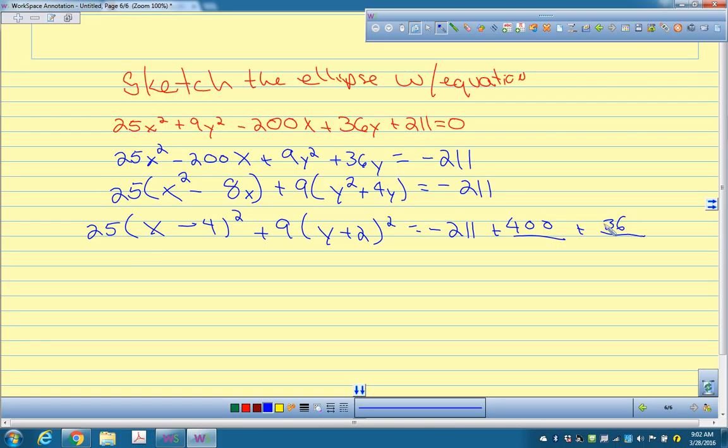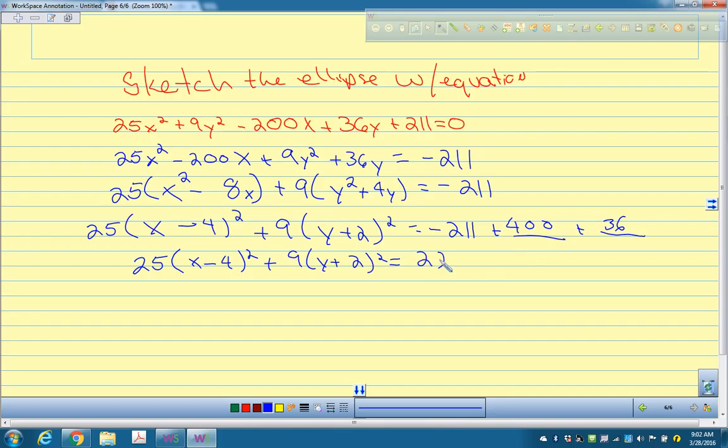Now I squish those numbers together. x minus 4 squared plus 9 times y plus 2 squared equals, I add all that stuff up, and I get a nice 225. Which is a nice number, because then I divide by 225.